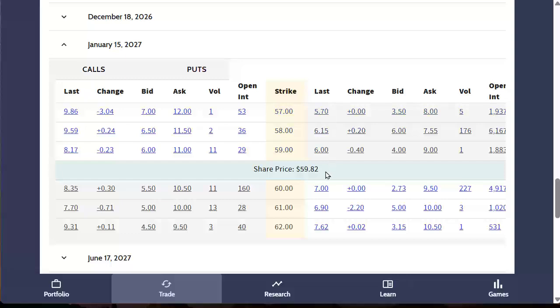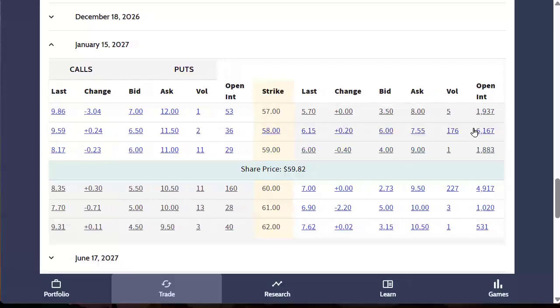All right. So right now the share price is $59.82. We could buy a call, which is a bet that it's going to go up in value, or we can buy a put, which is a bet that it's going to go down in value. It shows us how much interest there is. You can see there's a lot more people that are betting it's going to go down than people that are betting it's going to go up. So that's a good sign, I would say. Again, we're looking at January 15th.